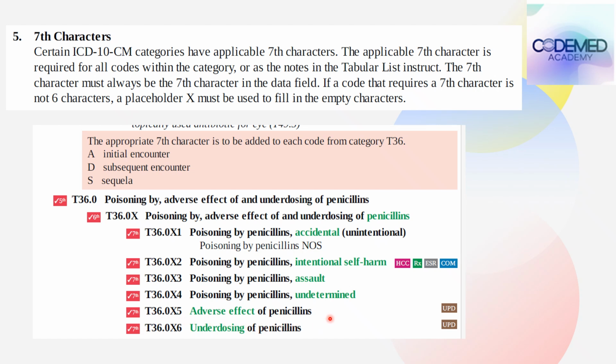If it has happened for the first time for the patient, then I will write T36.0X5A, because it is the first time it has happened. If it is the second time, or it had happened earlier also, then it will be a subsequent encounter. So depending upon the data, we will pick the seventh character.